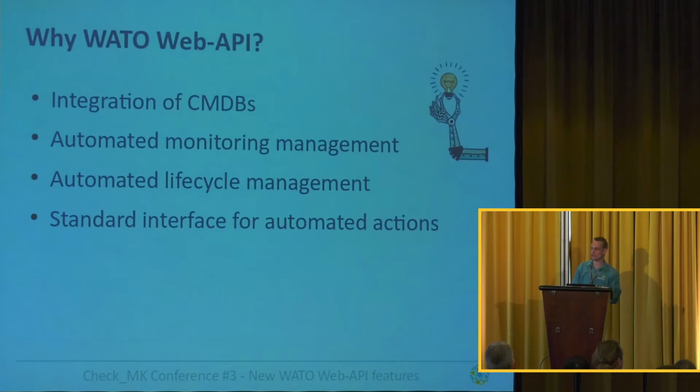So what are the situations where it makes sense to use the web API and what can it be used for? In the file there are a few little examples. Most customers have some kind of asset management software. They have implemented this where you have basic data about the computers, the network devices, and so on.